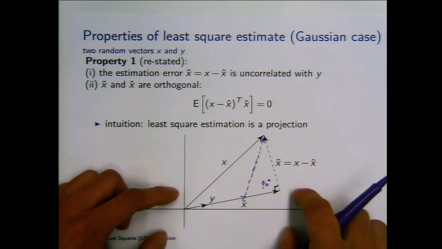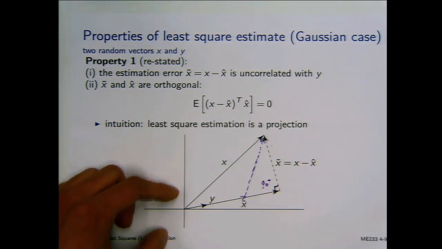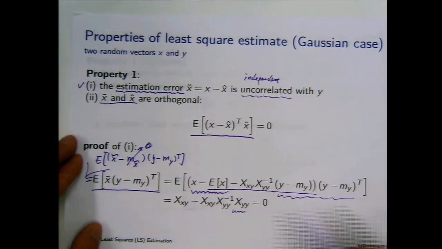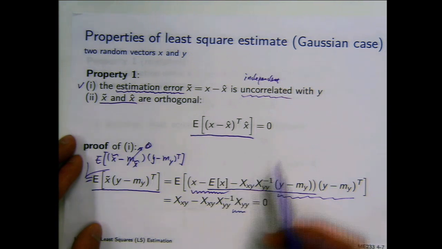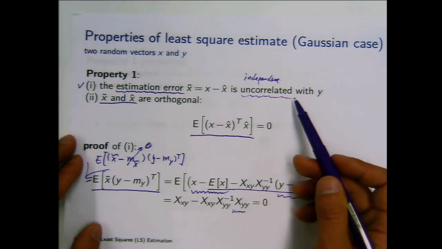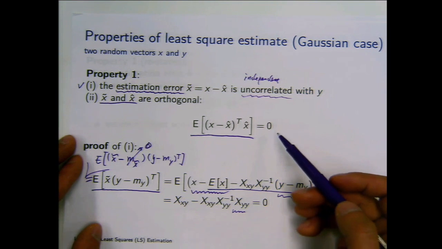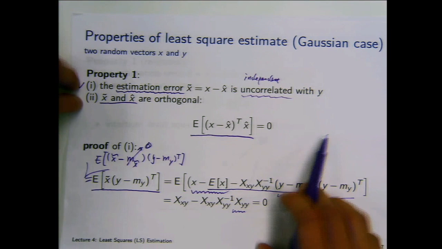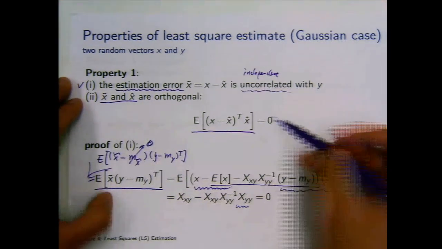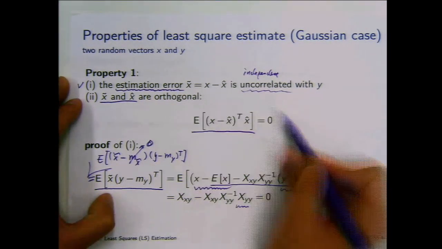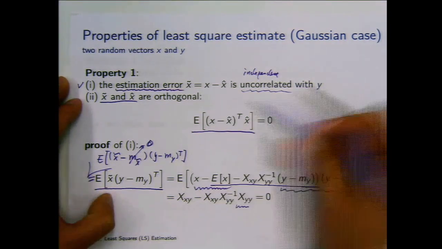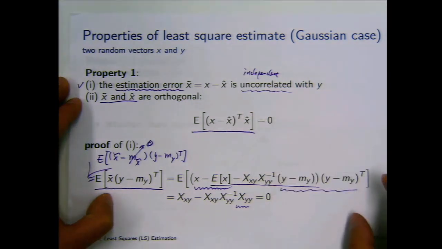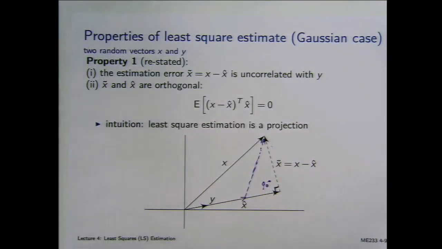Yes? Which one? You mean these two? These two are different. In the end, I want you to obtain this one, but this is a necessary step to prove this second step.